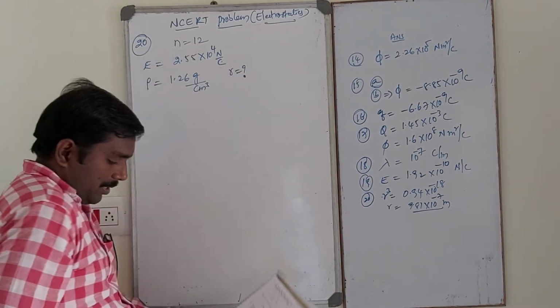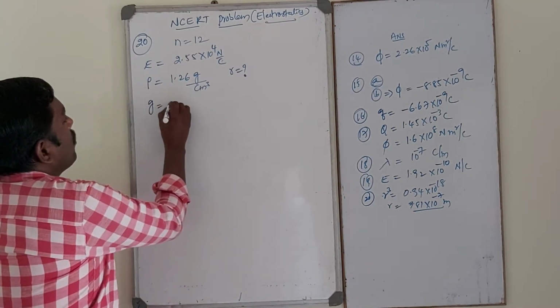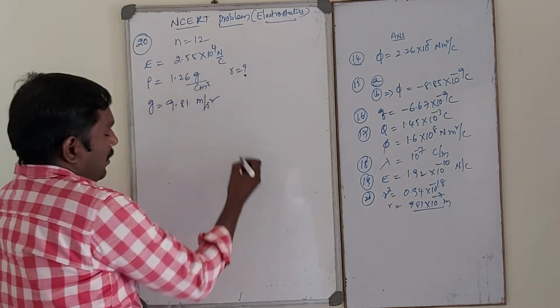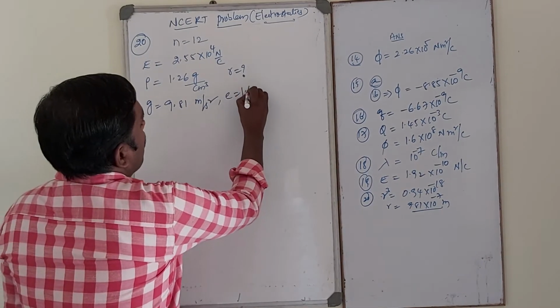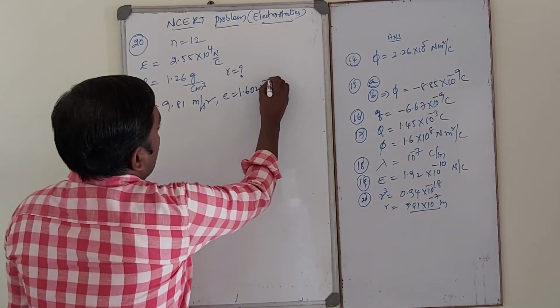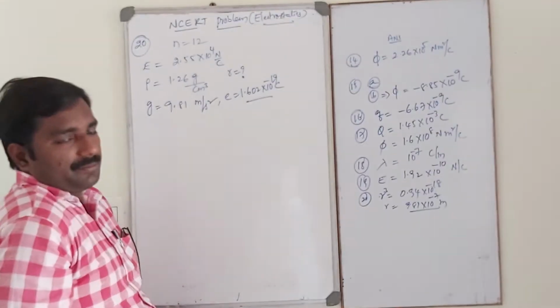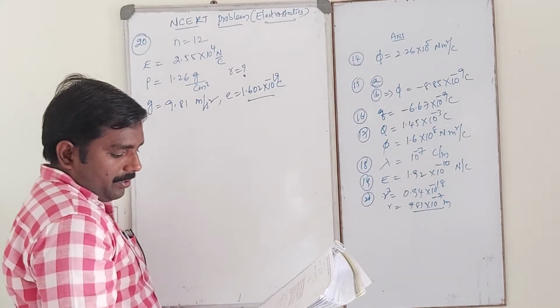The g value is already given, g is equal to 9.81 meter per second square. The charge of the electron is also given, 1.602 into 10 power minus 19 coulombs, or 1.6, whatever. Estimate the radius of the drop.